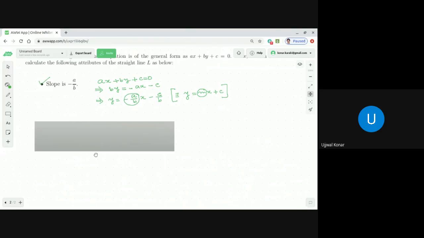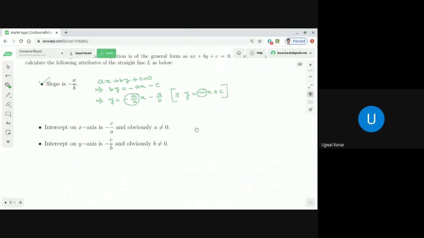So from that equation ax plus by plus c is equal to 0, let me use a different color here. From this equation we can write ax plus by is equal to minus c. So from here we can write x by minus c by a, plus y by minus c by b is equal to 1.